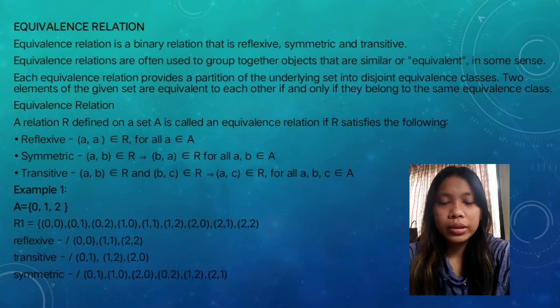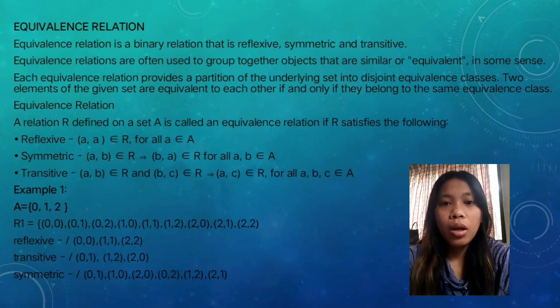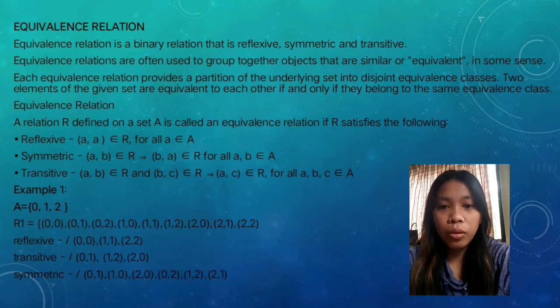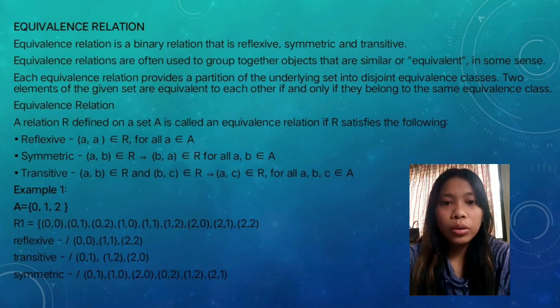Example number 1. A equals {0, 1, 2}. R1, or relation 1, has ordered pairs (0,0), (0,1), (0,2), (1,0), (1,1), (1,2), (2,0), (2,1), and (2,2).